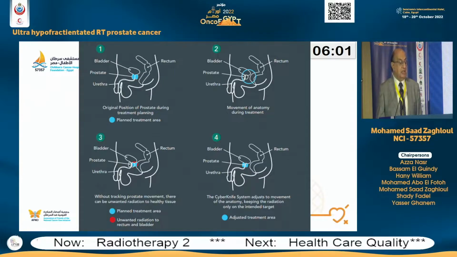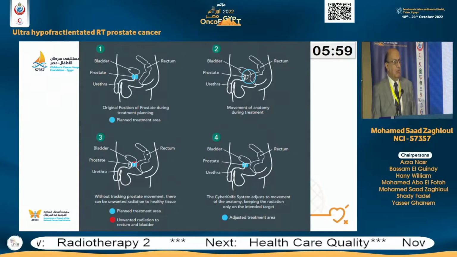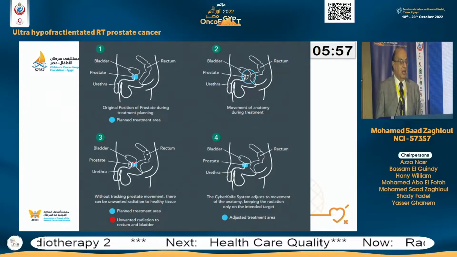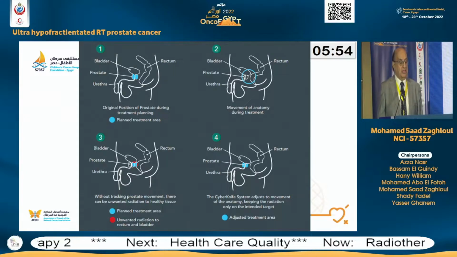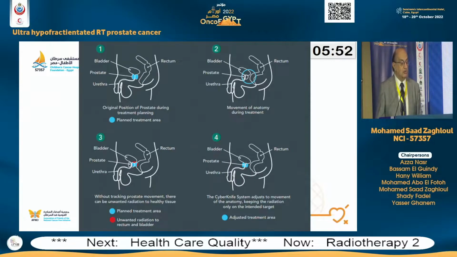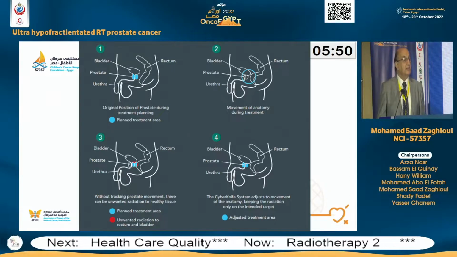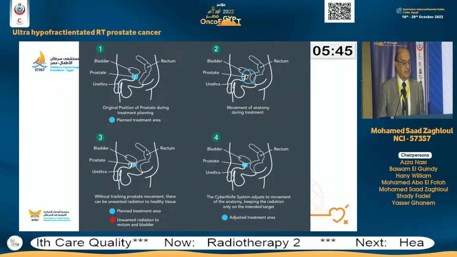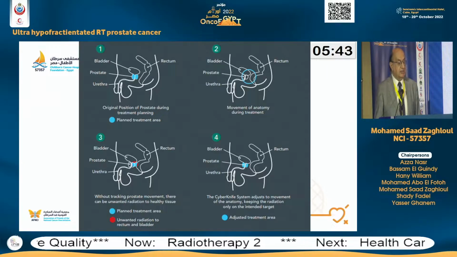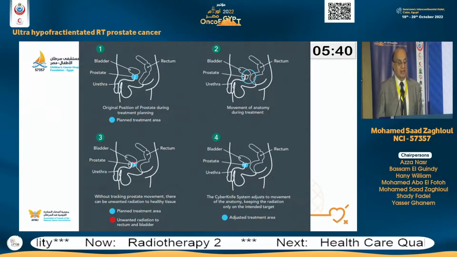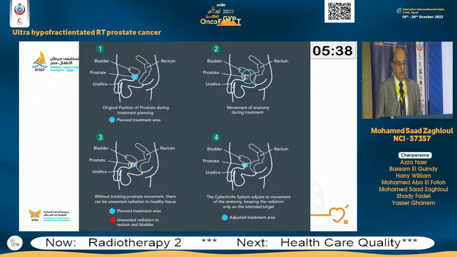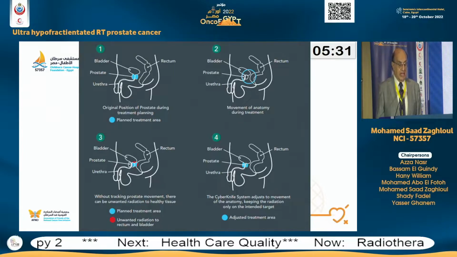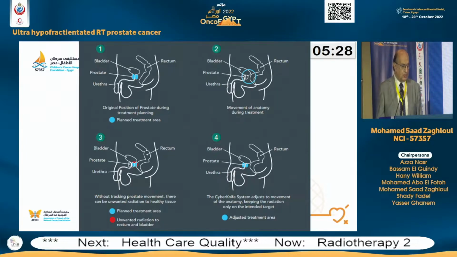To understand why we give ultra hypofractionation or the CyberKnife, if we go to cartoon number 1, we will find that the prostate is surrounded by the bladder, rectum, and bowel. So when we give IMRT, we include part of these tissues, and this will cause toxicity.